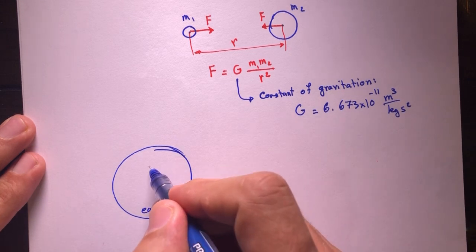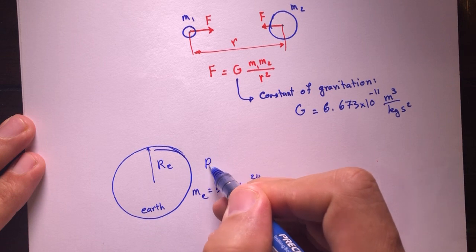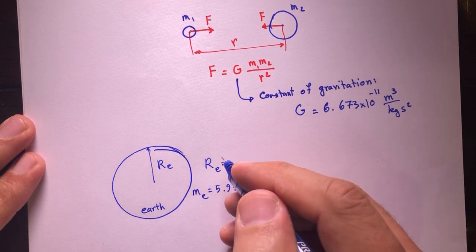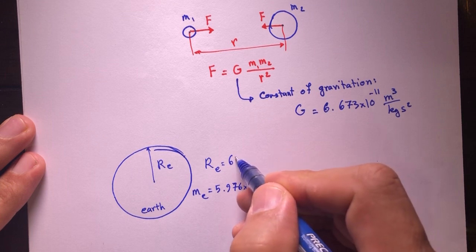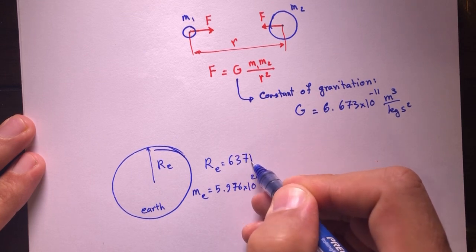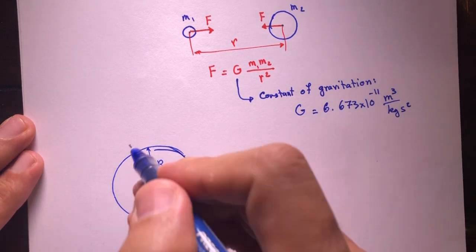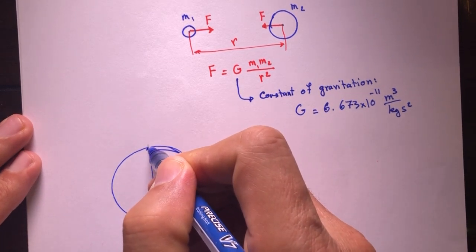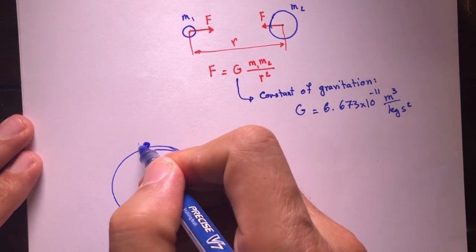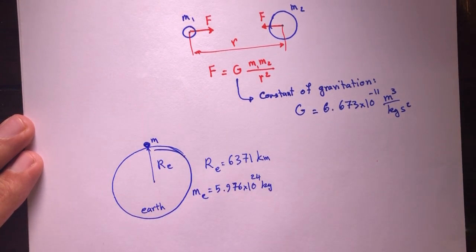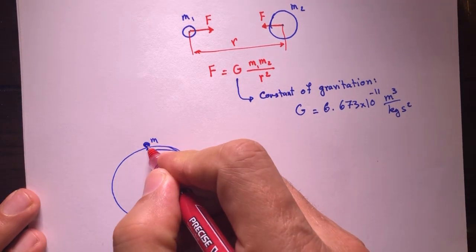And the radius of it, RE, is big as well. The radius of the Earth is 6,371 kilometer. So if you consider any particle here, like for example your body, with a mass of m, the gravitational force between these two is the weight, right?